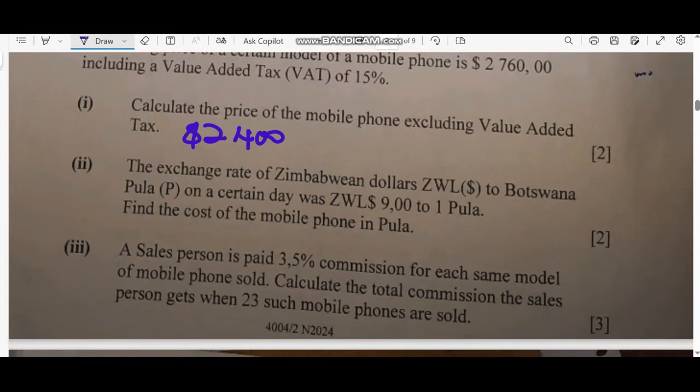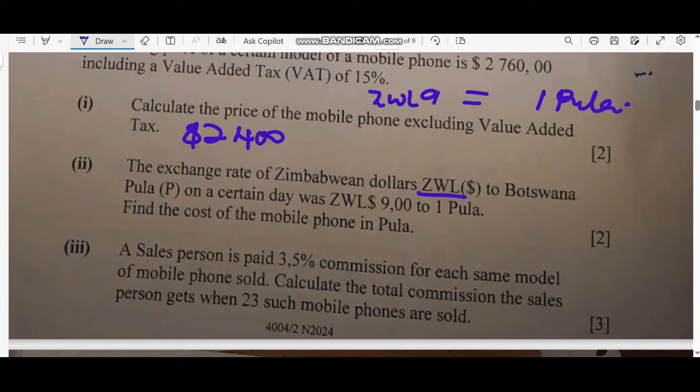The exchange rate of Zimbabwean dollars to Botswana pula on a certain day was 9 Zimbabwean dollars equal to 1 pula.